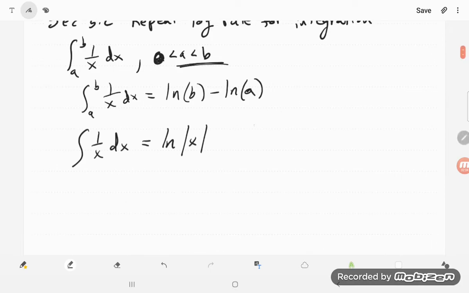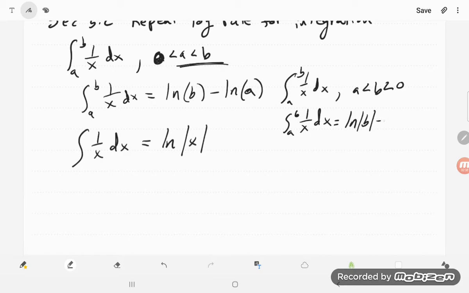Similarly, if I was doing something like the integral from a to b of 1 over x dx, where I know in this case that a is less than b, but they're both negative, then this integral better be the absolute value. So natural log of the absolute value of b minus natural log of the absolute value of a.